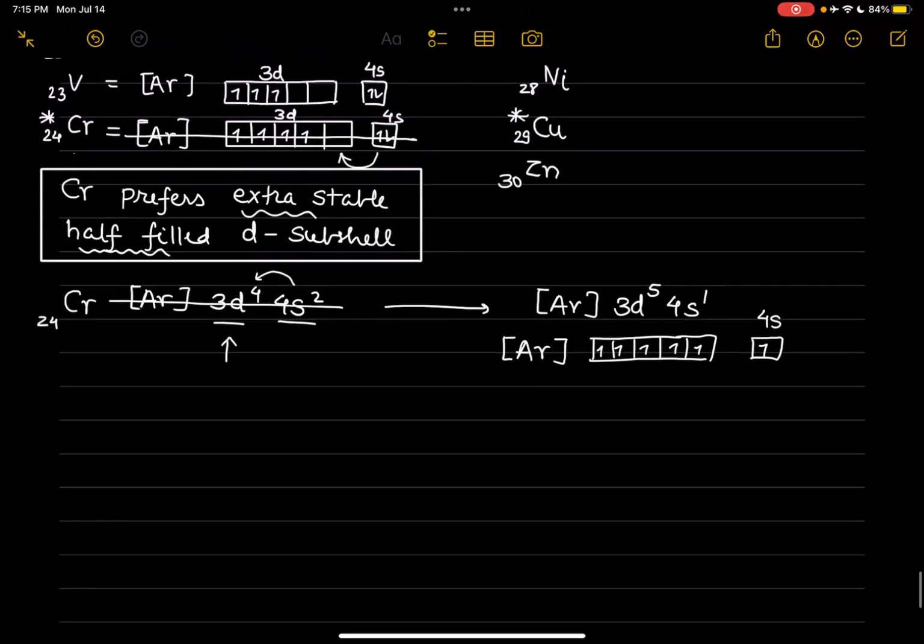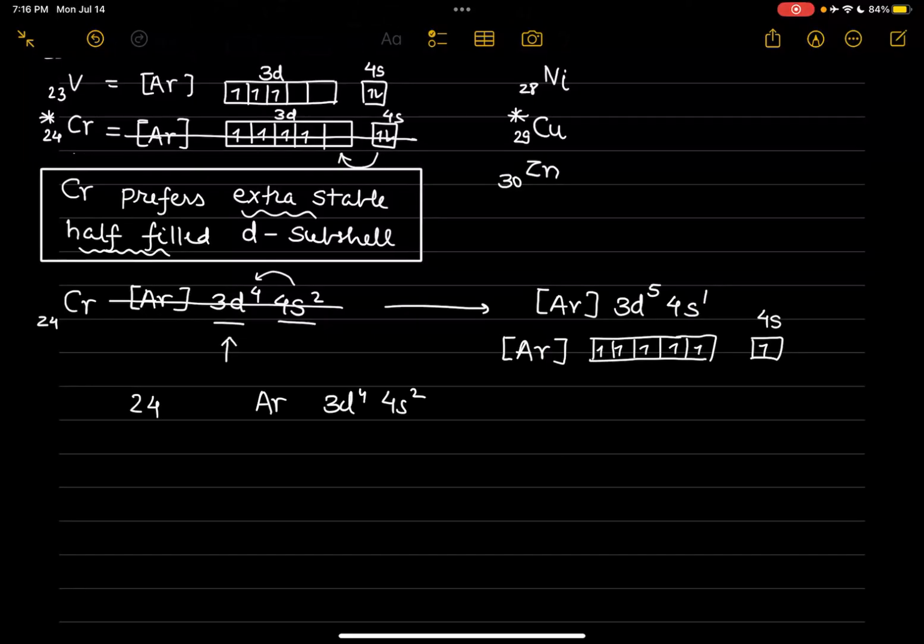This is very stable. So if somebody asks why chromium is not 4s2 3d4, since chromium is the 24th element, it should be 4s2 and 3d4. Why is it not like this? Why is it 3d5 and 4s1? What will you write?